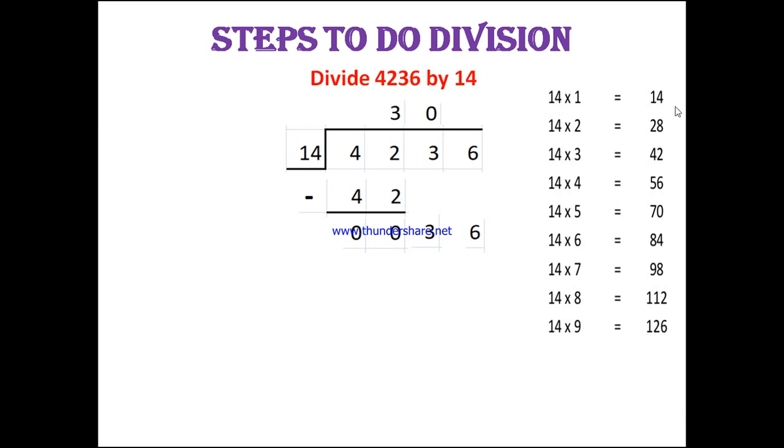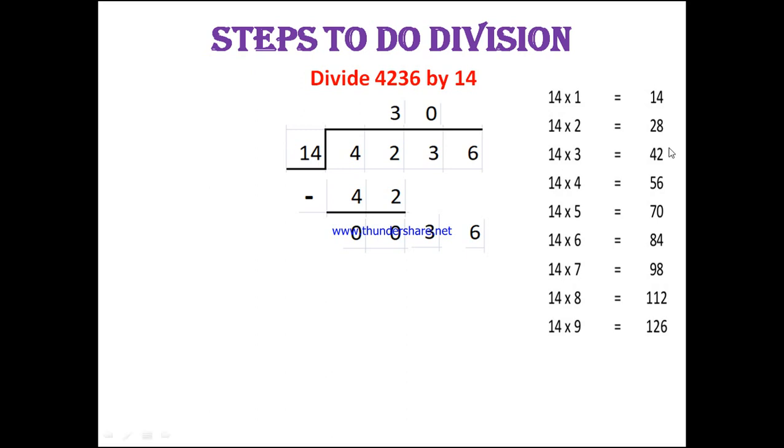Now the fresh number only we check in the table, that is the product column. Is 36 here? No. If the fresh number is not available, we have to check just smaller than the fresh number. 36 is not available, so just smaller than 36. 42 is greater than that, so just smaller means 28 only. 14 is also smaller than 36, but the words are just smaller than 36.